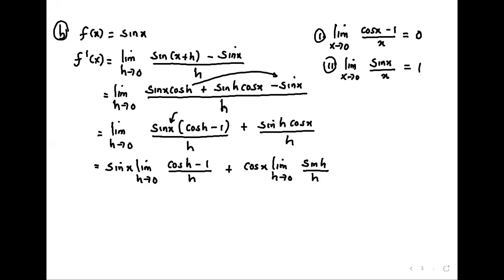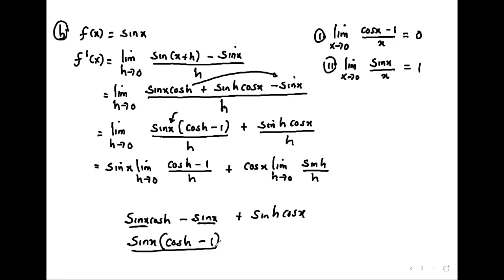We arranged it like this: sine x cos h minus sine x plus sine h cos x. Because sine x is common here, you can factorize it. Then we remain with cos h minus 1. That's what we did there. And then the denominator, for as long as you carry the whole root of it, you can separate the numerator in any way that you want. So when you separate, we put over h here and over h here.